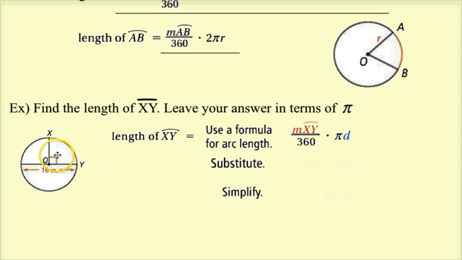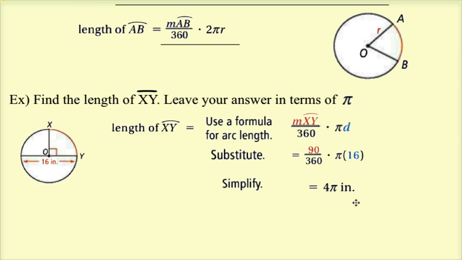Okay, so I know that the measure of this arc is 90 degrees because the central angle is 90 degrees. Okay, so I have 90 over 360 times pi, and my diameter is 16. And then I just simplify that. I can do that in my calculator, and I get 4 pi. So that's the length of the arc. So I have the degrees of the arc, and I can also now do the length of the arc. Okay, and we're going to practice all that over the next 2 days.